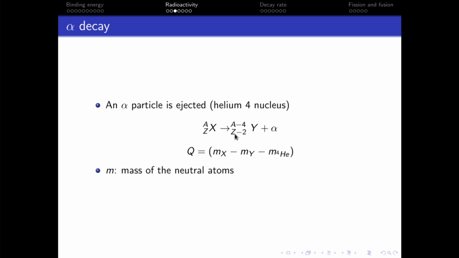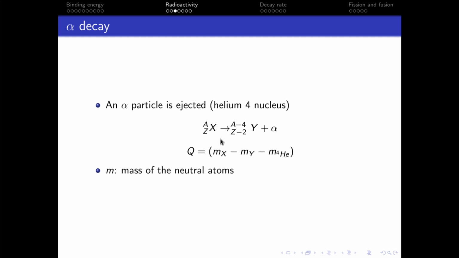For Y to be neutral, sorry, I need Z minus 2 electrons. And for the alpha particle to be neutral, I need 2. So I need a total of Z here to be neutral, and I need a total of Z here to be neutral. So all of the electrons will already be counted inside of the masses of these, and we won't have to add another term for the electrons.